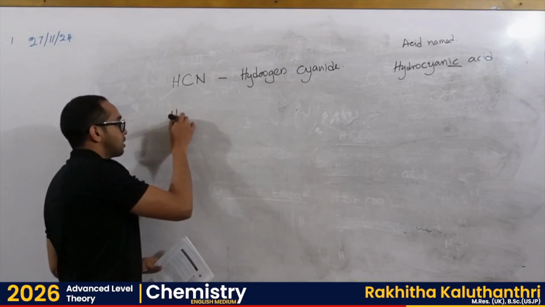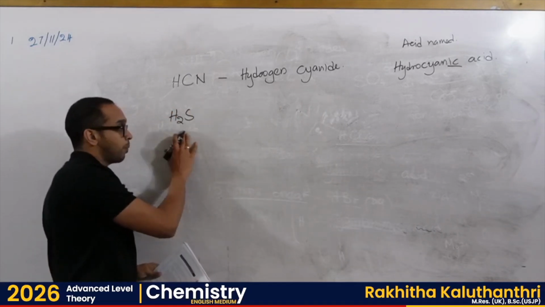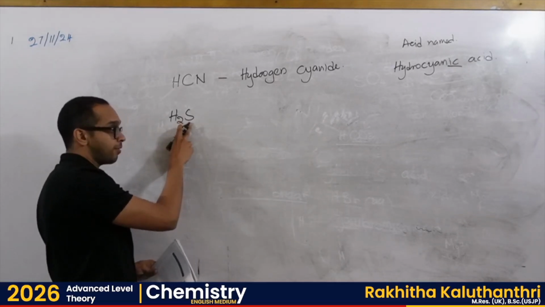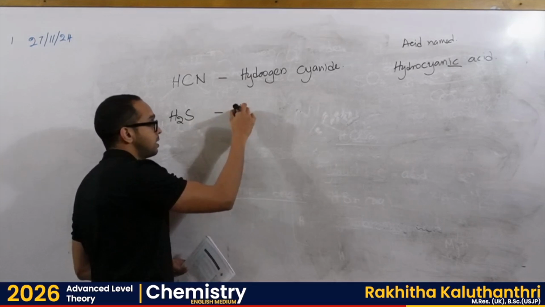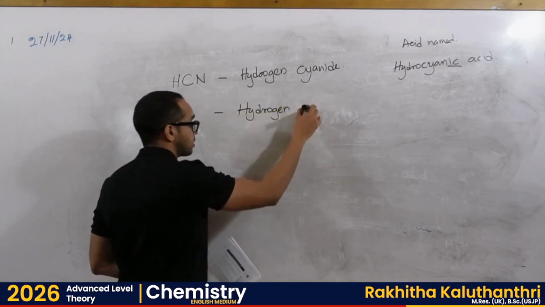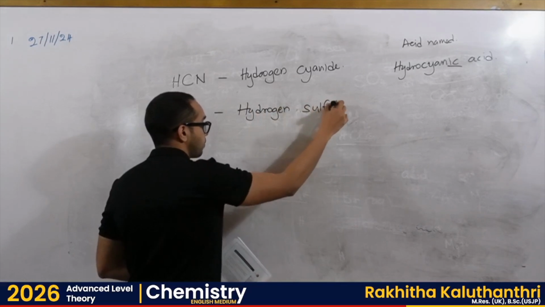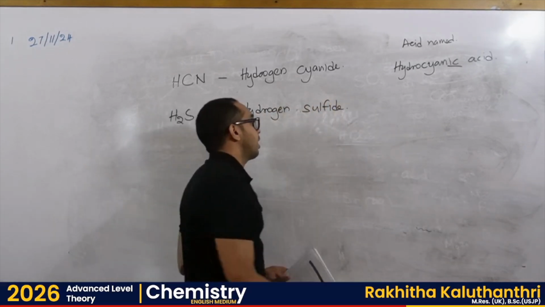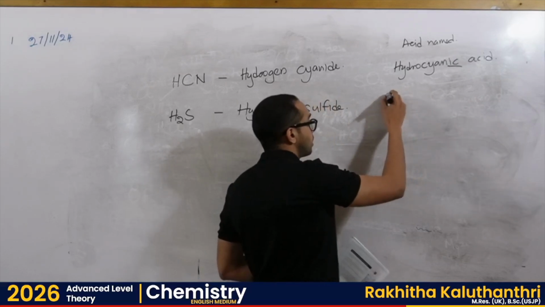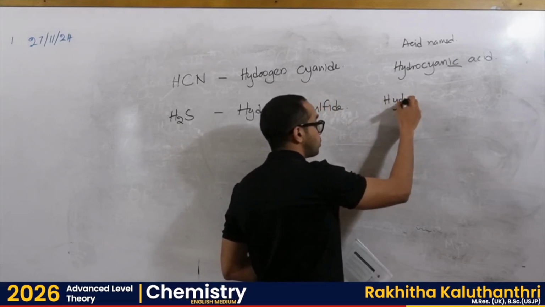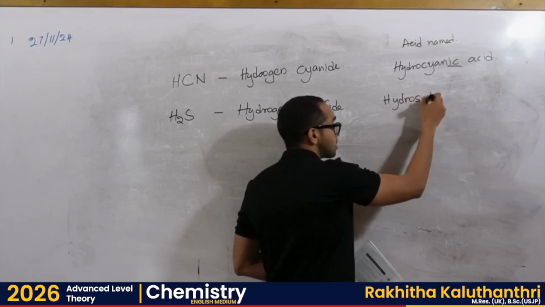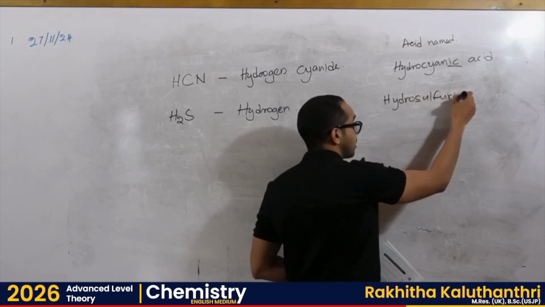And H2S. Now if you write the proper IUPAC name of H2S, it is dihydrogen monosulfide, but commonly we refer to it as hydrogen sulfide. This is the common name. And if you write its acid name, it will be hydro. Keep in mind there's a hydro part, and then write sulfuric acid.